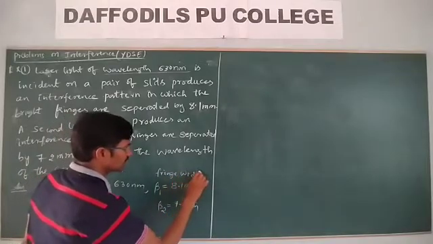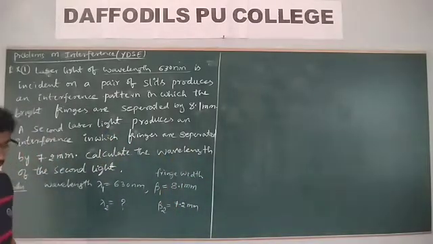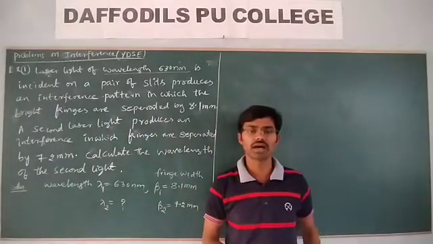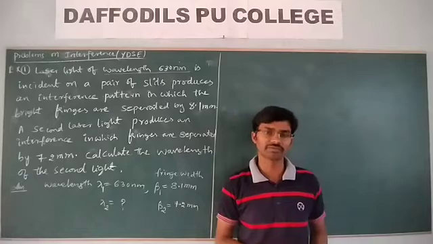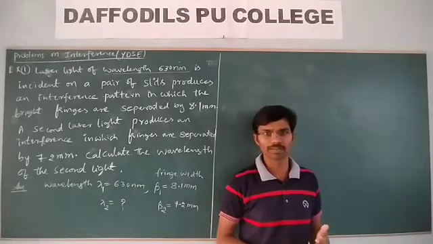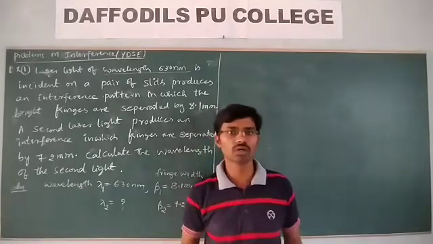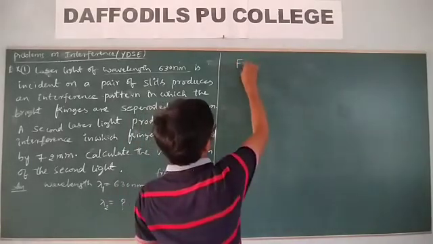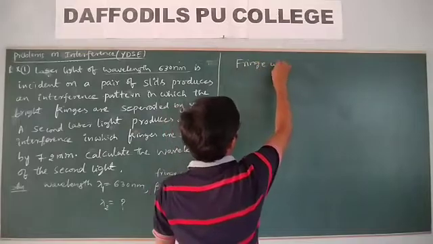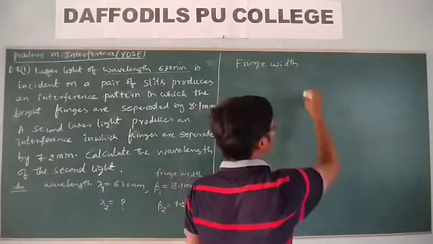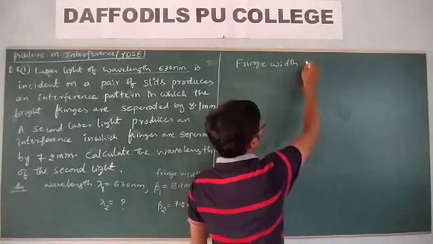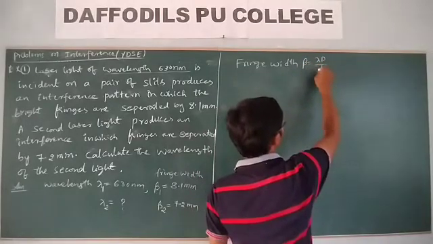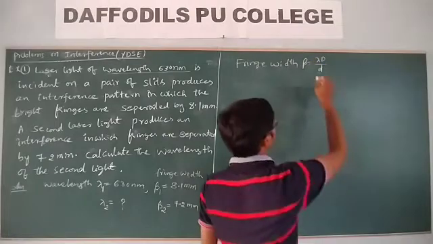Now you already know very well from the last class the expression for fringe width in Young's double slit experiment: beta is equal to lambda capital D by small d.